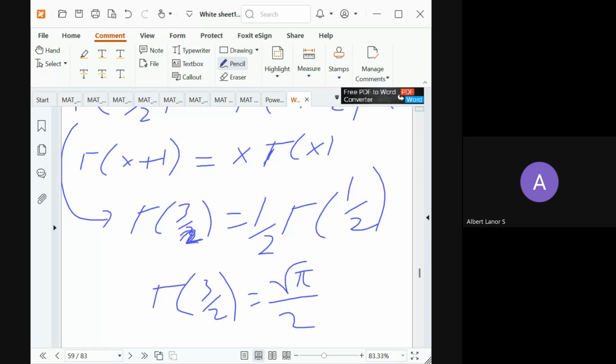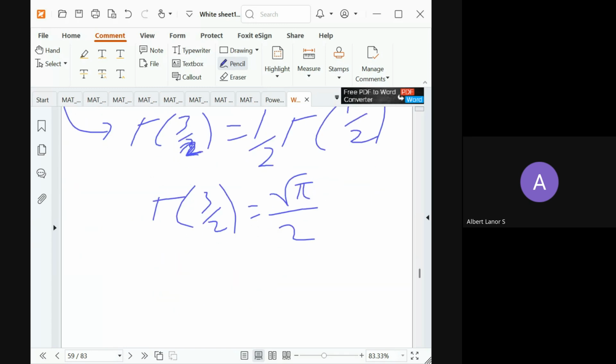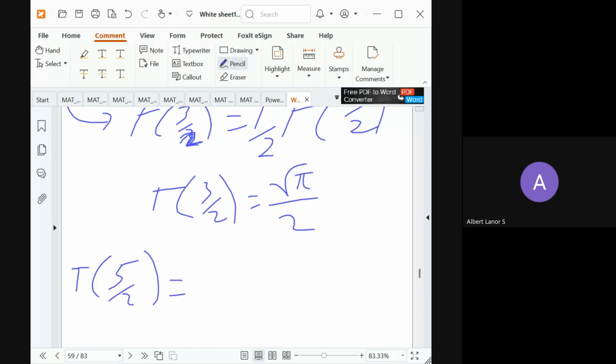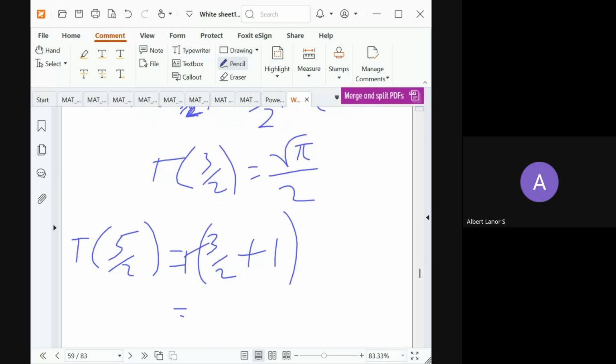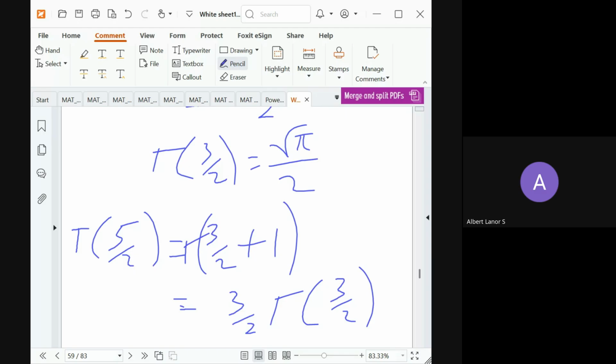Now, clearly, in the same way, we can find gamma of 5/2. Gamma of 5/2 means gamma of 3/2 plus 1, and this is equal to 3/2 times gamma of 3/2.